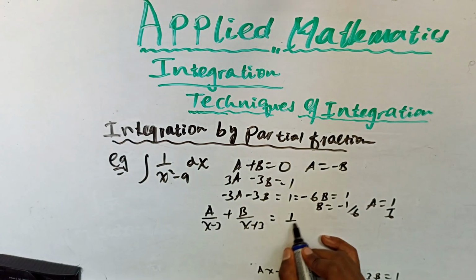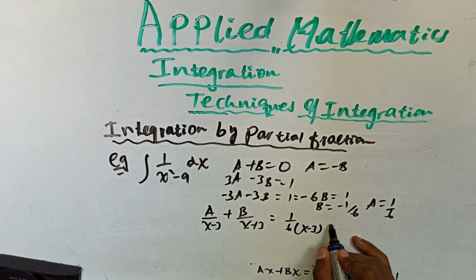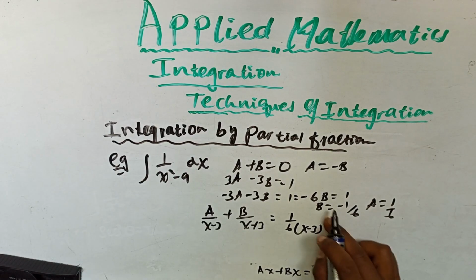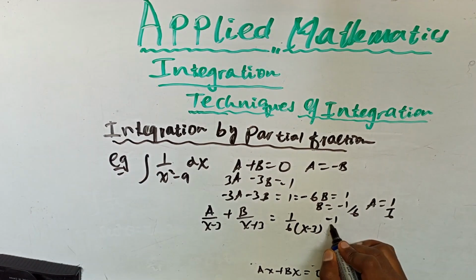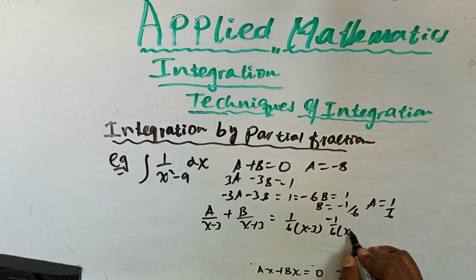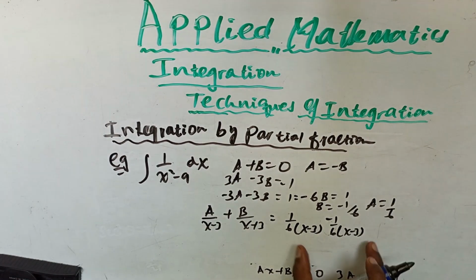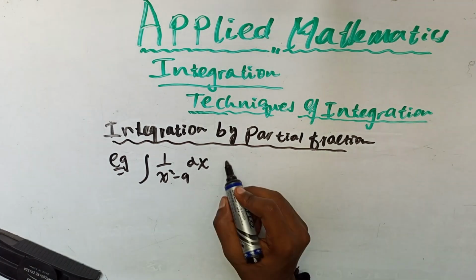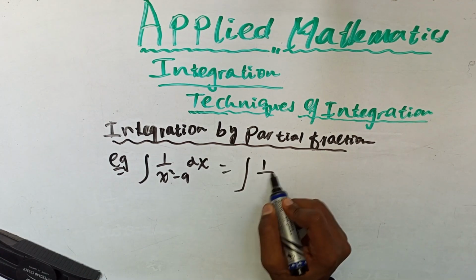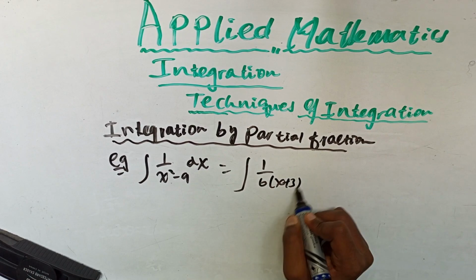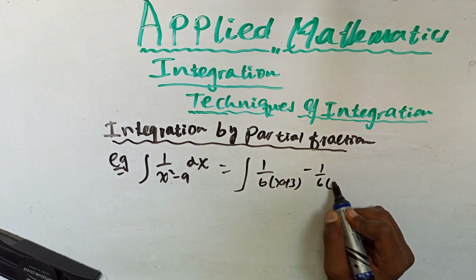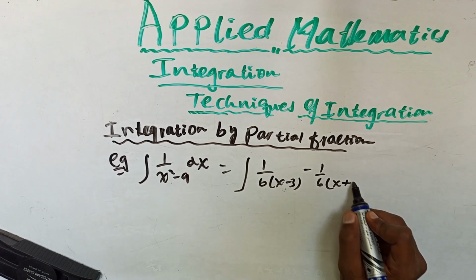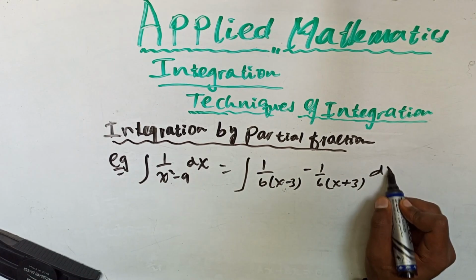So we get 1 over 6 times (x minus 3), and for B, minus 1 over 6 times (x plus 3). Substituting and simplifying further, this is equal to the integral of 1 over 6 times (x minus 3) minus 1 over 6 times (x plus 3) dx.